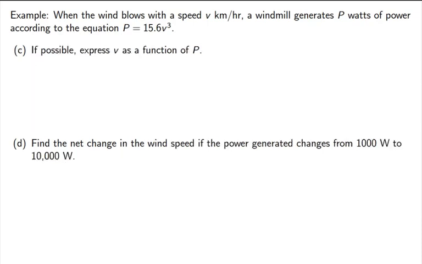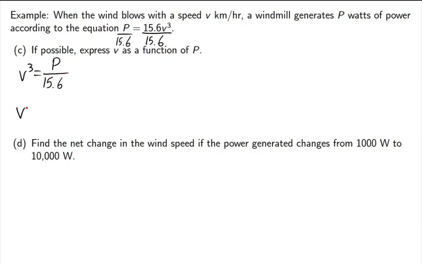Now what if we go the other direction? If we want to express v as a function of p, we will need to solve for it. So, let's start out by dividing both sides by 15.6. Then we get v cubed equals p over 15.6.